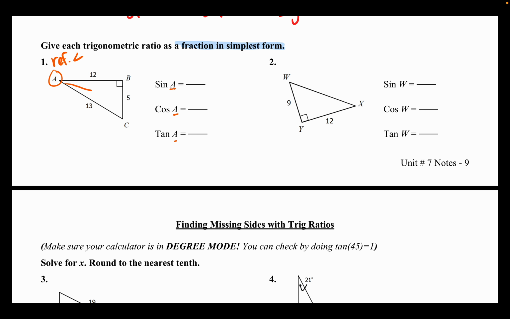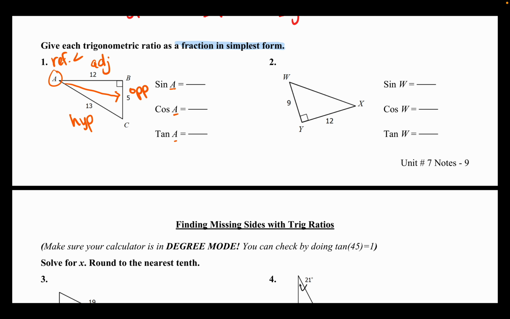Across from your reference angle, it sometimes helps to draw the line, is your opposite. Across from your right angle is your hypotenuse, always. And that makes this last side your adjacent. And your adjacent is always the side that's not your hypotenuse that's touching your angle.